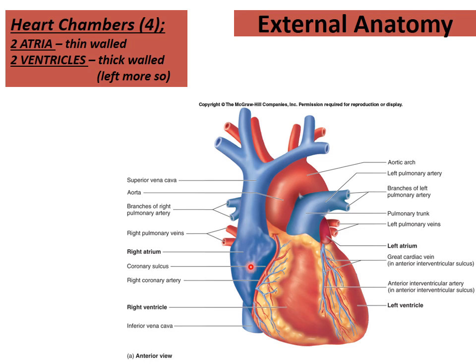And both the right and left atrium are thin-walled structures because they're not really pumping blood any distance at all. Basically, most of the blood will just passively leave the right atrium into the right ventricle and passively leave the left atrium into the left ventricle. So these atria are thin-walled chambers.